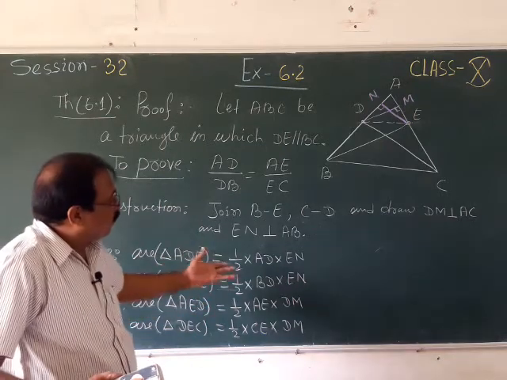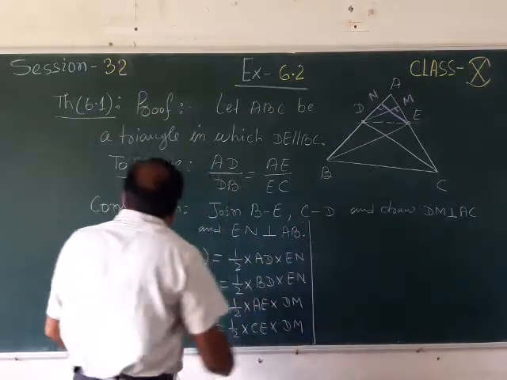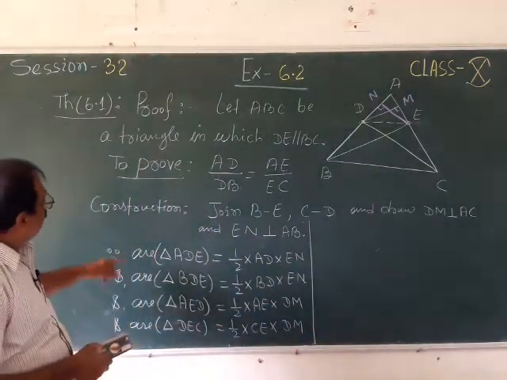After writing the area of 4 triangles, now we need to find the ratio.